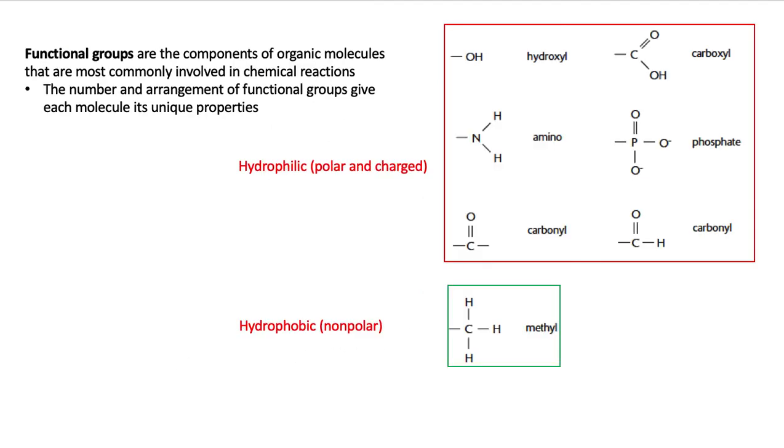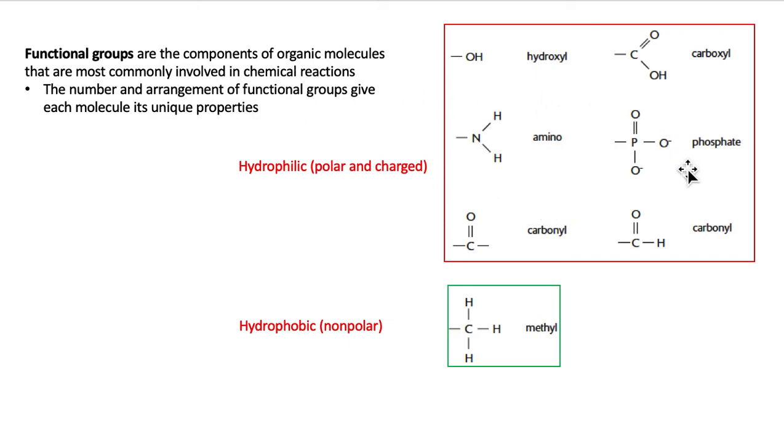Finally, I want to discuss the functional groups that are components of almost all organic molecules and covalently connected to carbon skeleton, and functional groups are mostly involved in chemical reactions. This is why different arrangements of functional groups give a molecule its unique properties.